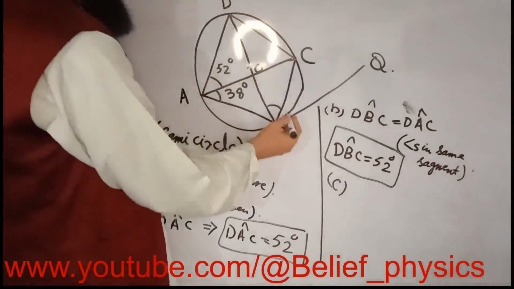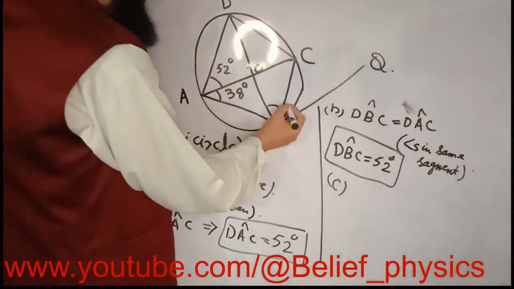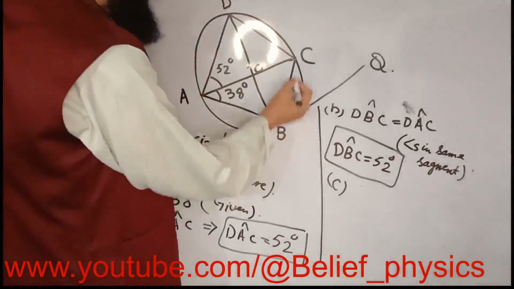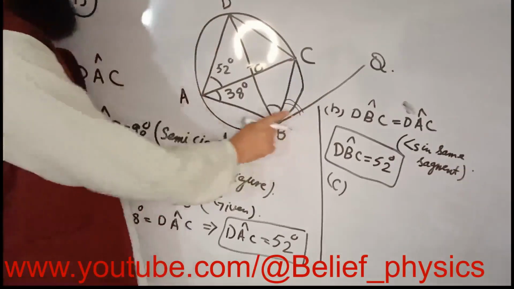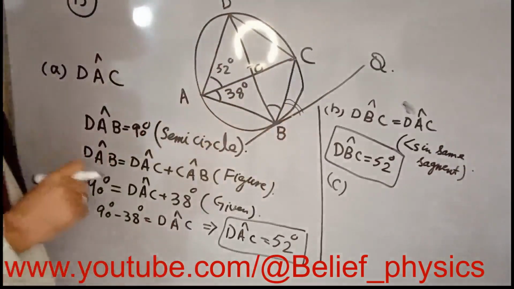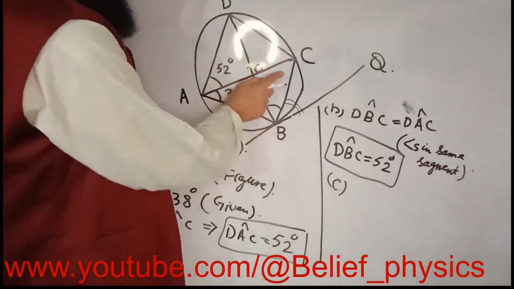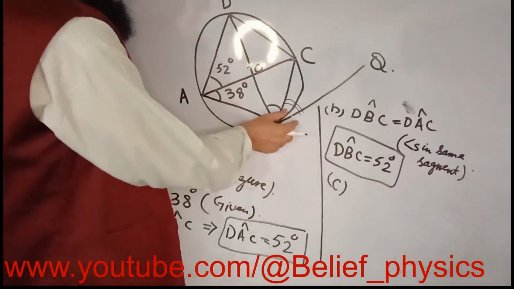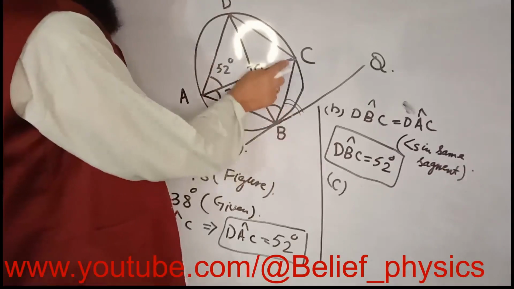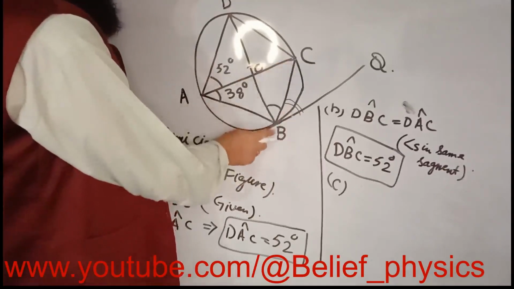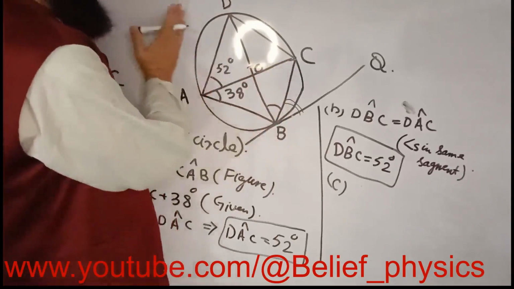CBQ is this angle. By the alternate segment theorem, the angle made by any chord with a tangent will be equal to the angle subtended by that chord in the alternate segment.